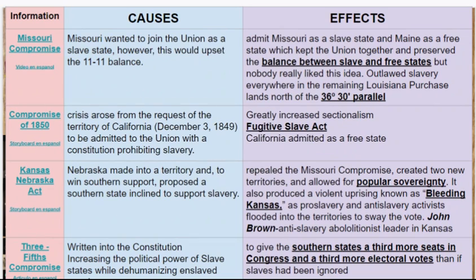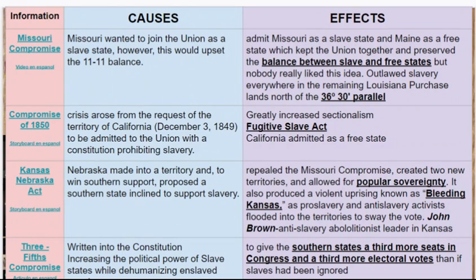This led to an increase in violence between pro-slavery and anti-slavery activists who flooded the new territory to try and vote one way or the other. So this led to the Kansas-Nebraska Act being called Bleeding Kansas, and we had another one of our abolitionists, John Brown, who was an anti-slavery abolitionist, and we see him acting out in Kansas at this time.